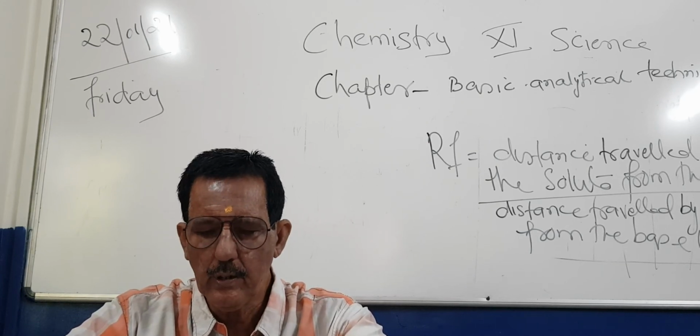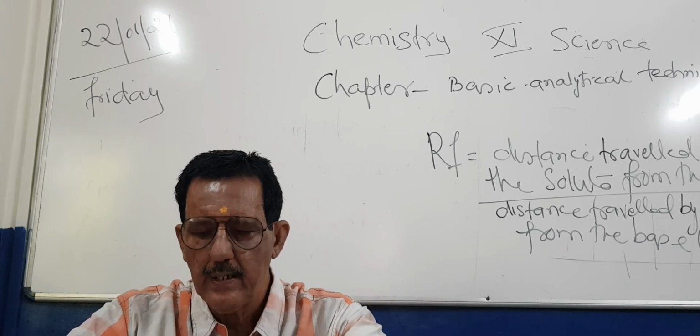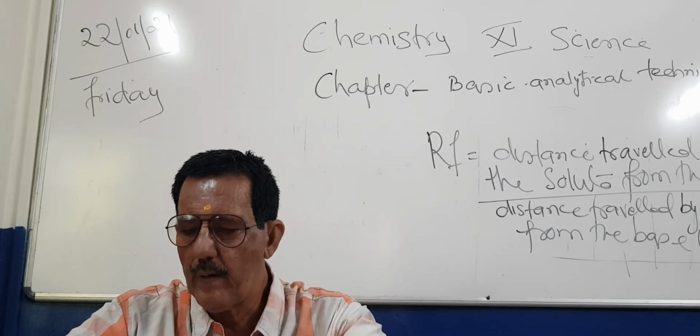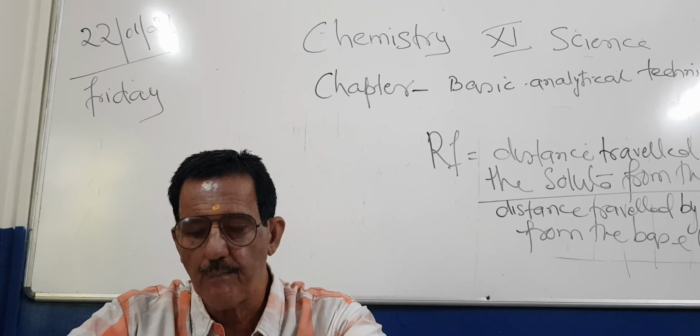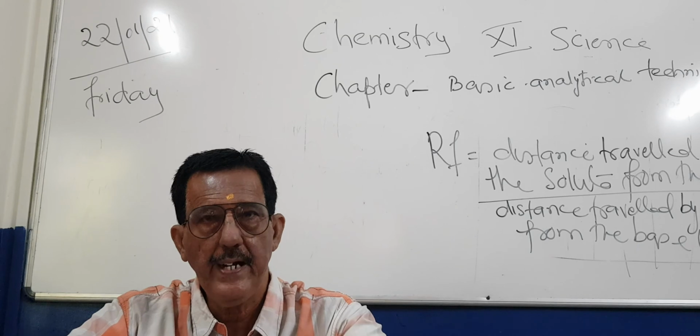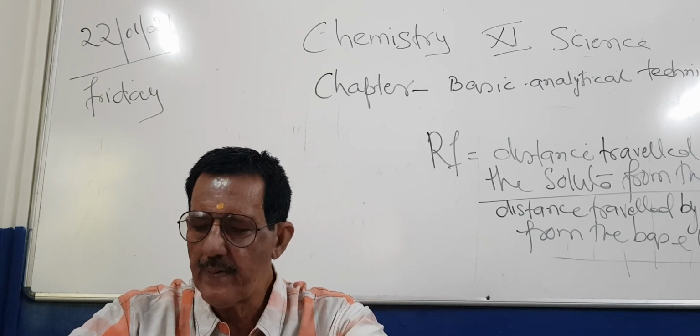Thin layer chromatography, which we discussed now, is also called TLC. The stationary phase is silica gel or alumina over a glass plate. The mobile phase rises up, and the components of the mixture move to different extents depending upon the degree of adsorption and get separated.